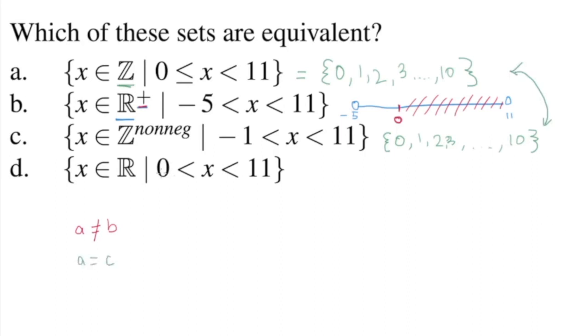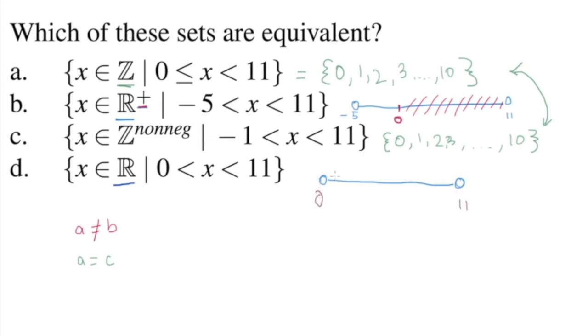Okay, looking at the last one, x is a real number, not necessarily a positive or a non-negative real number, just a real number. And x is between 0 and 11. Okay, because we're dealing with real numbers, we again have to go along the number line. We are going from 0 to 11, not including either.